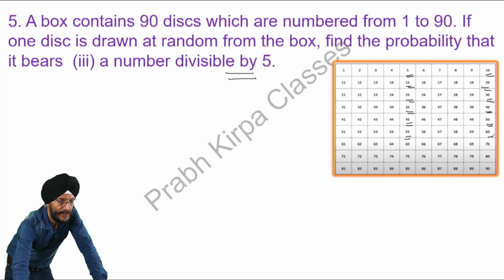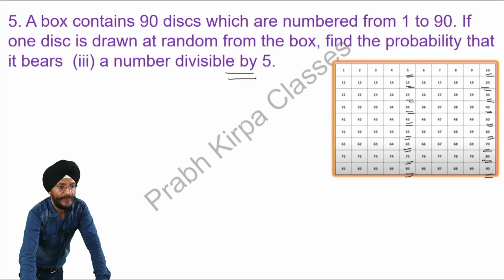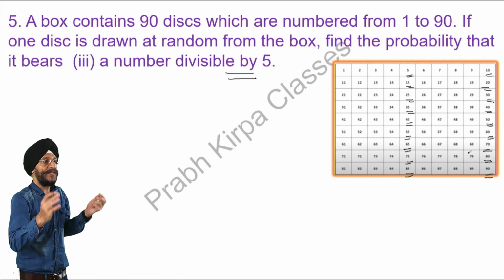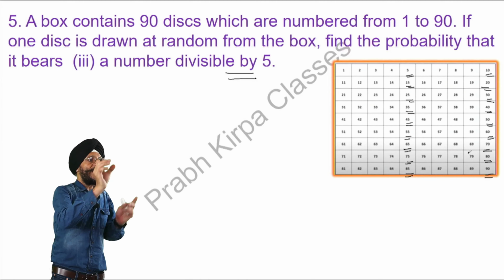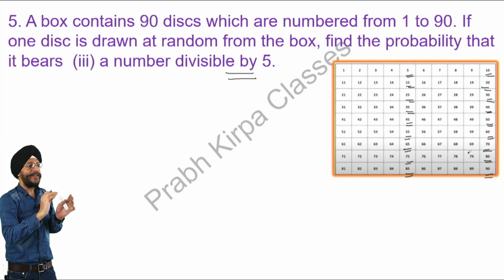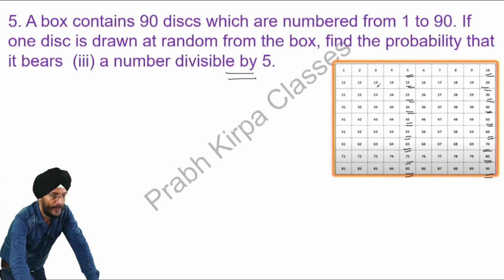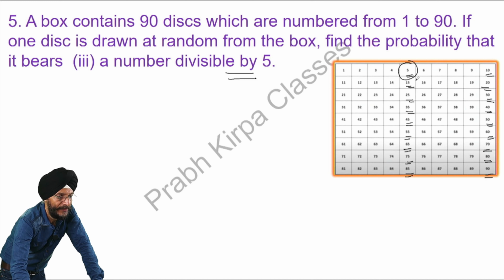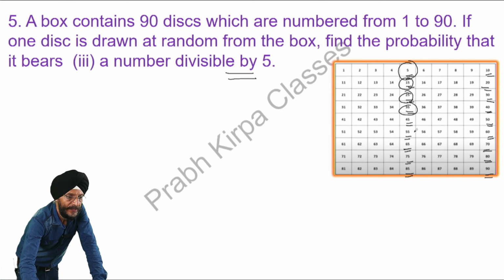All these are divisible by 5. In other words, we can divide 90 by 5 and it will be 18. If you count one by one, all these will be 18 in number.